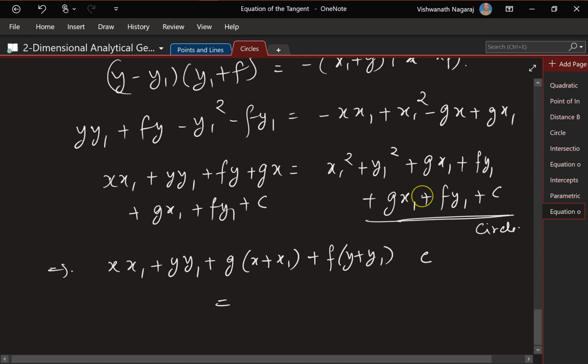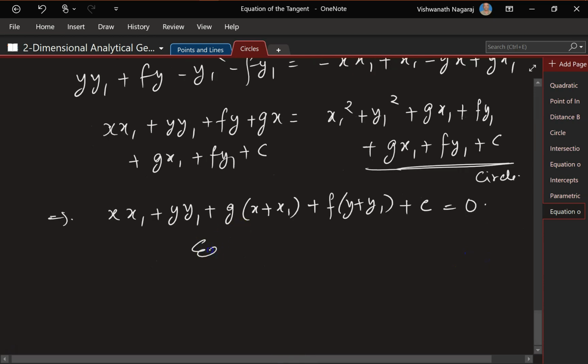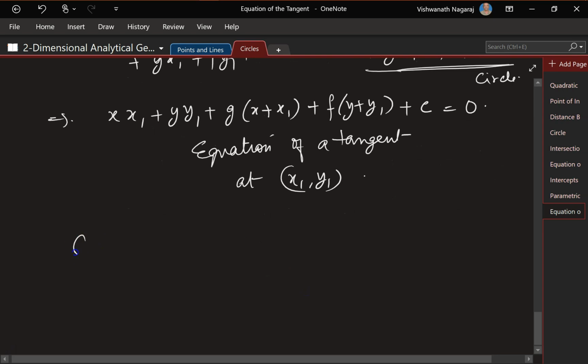So this would be equal to 0, right? So this would be 0, this is plus, so equal to 0. So this is the equation of a tangent at x1 y1.